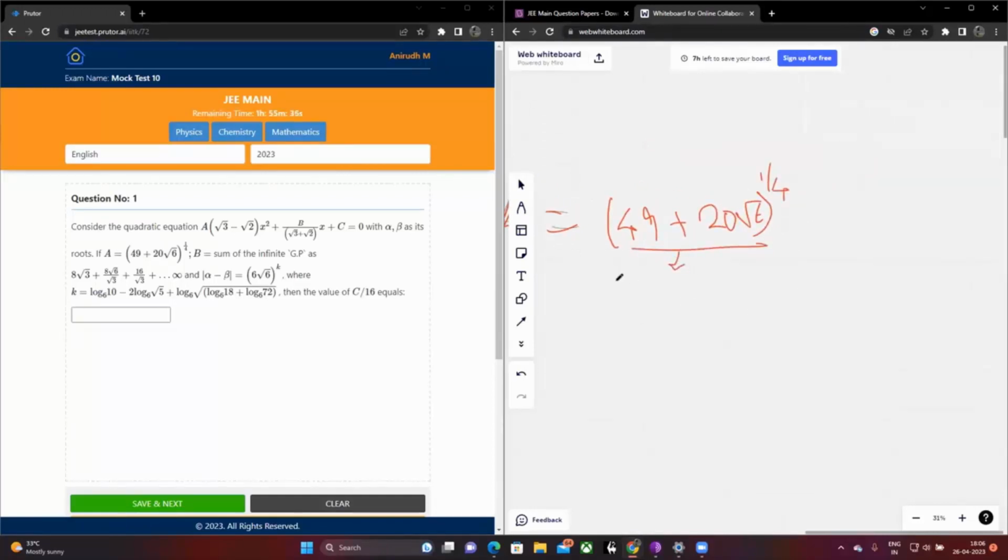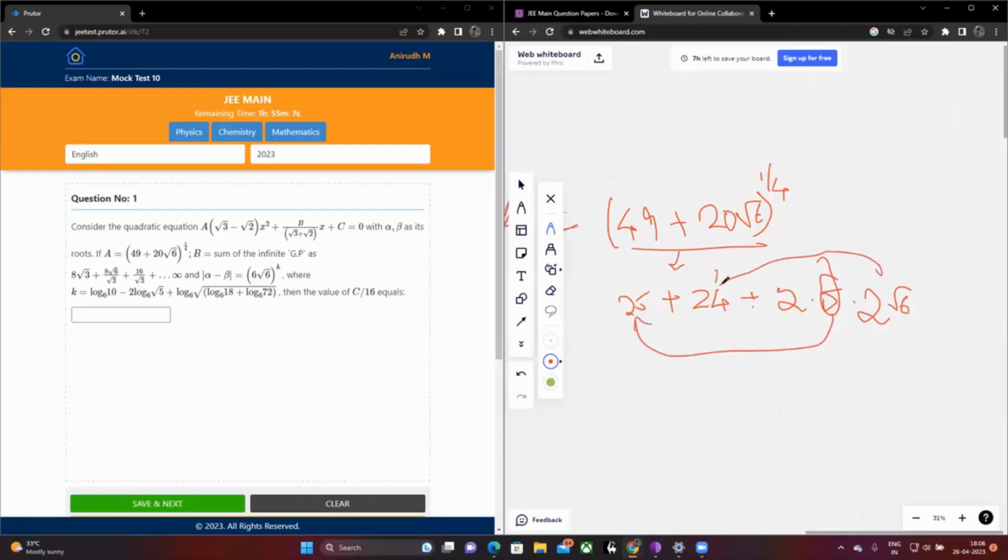So this expression actually simplifies to, I'll just write 49 as 25 plus 24, and 20 root 6 simplifies to 2 times 5 times 2 root 6. Right. So you get that this 5 squares to 25 and this 2 root 6 squares to 24, right? Because 2 root 6 squared is 4 into 6, which is 24.